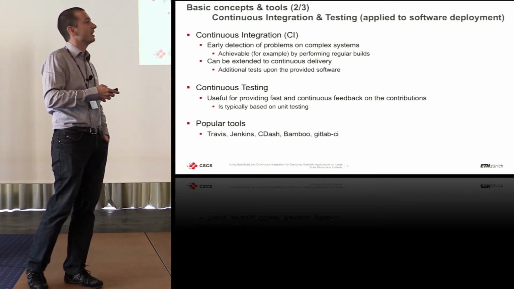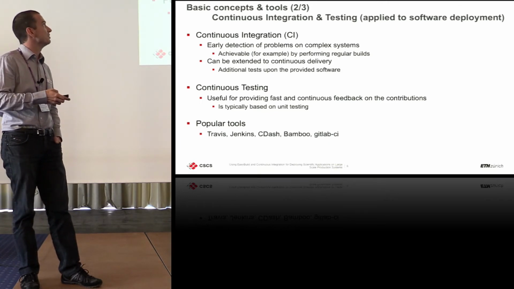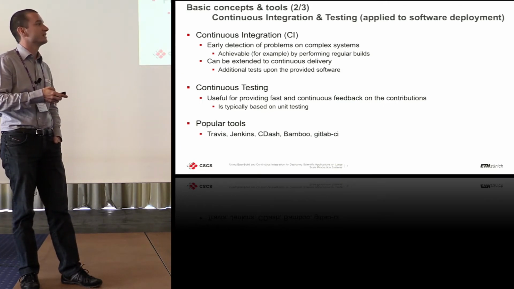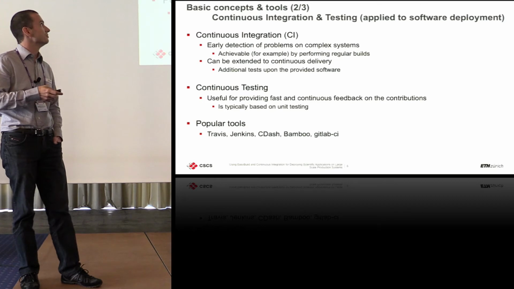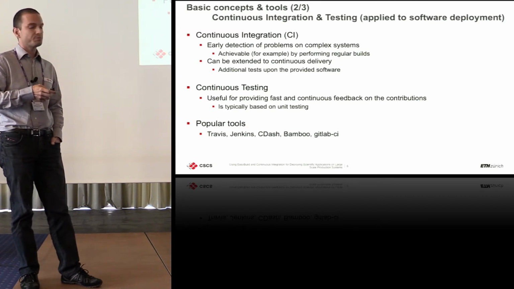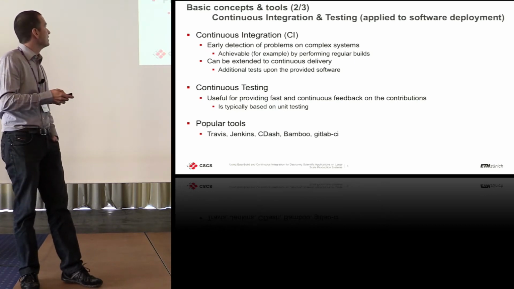We are working on that. We have a project called ReFrame that we are working on for regression testing. And the idea is, on top of building the software, we are also testing performance and the correctness of scientific software automatically.